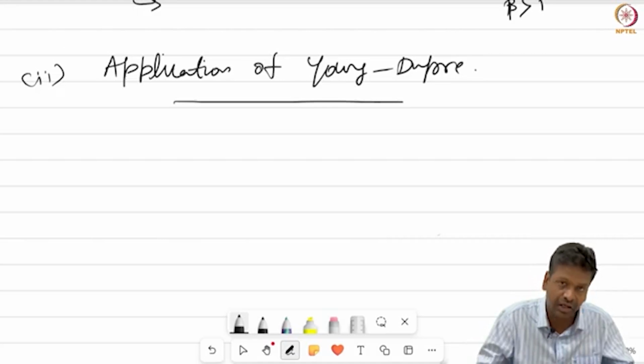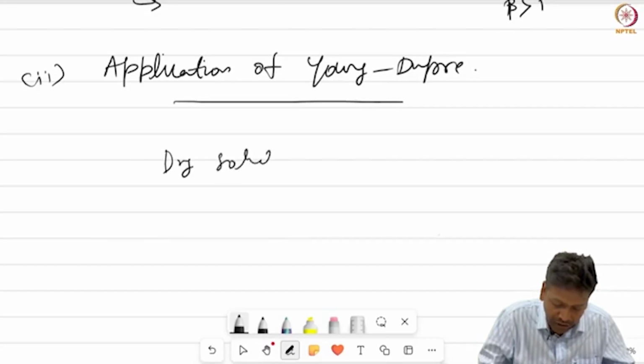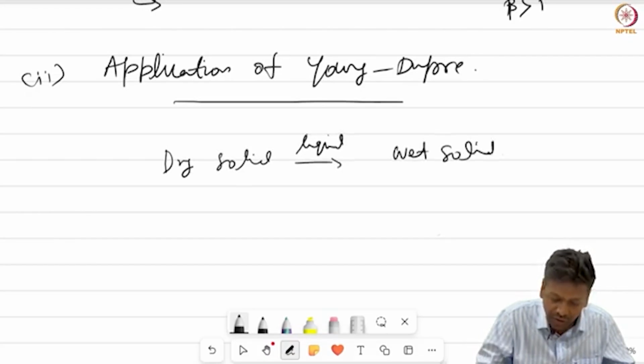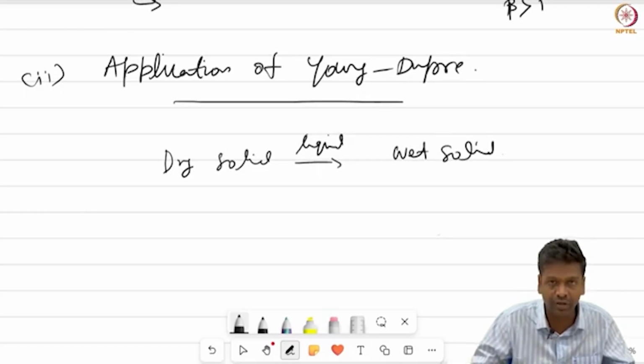So first let us understand how this application of Young-Dupre can be utilized. Let's say we are talking about a scenario where you have a dry solid, and soaking that with the liquid it becomes a wet solid. In this process it releases some amount of heat.